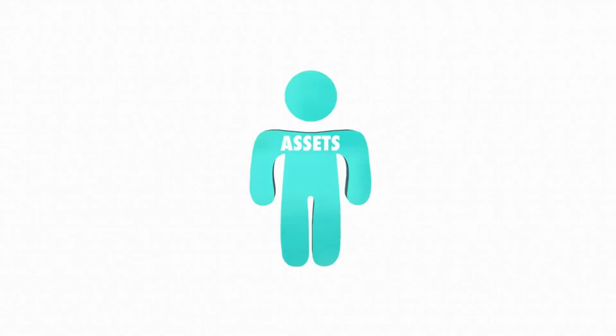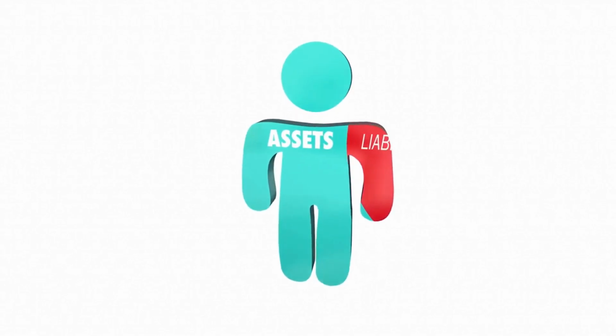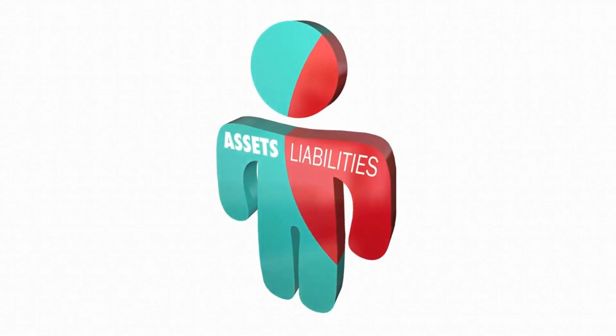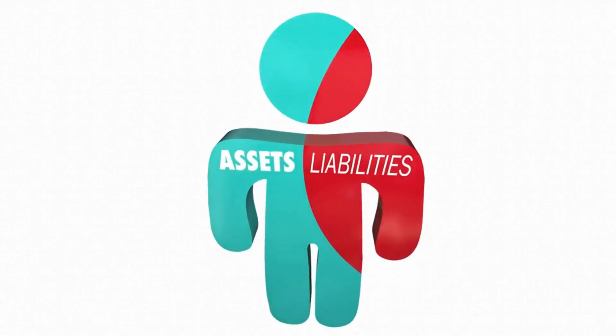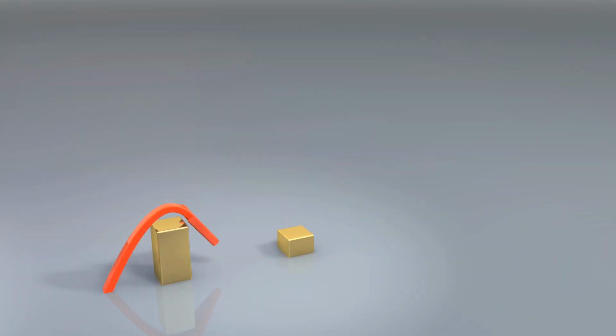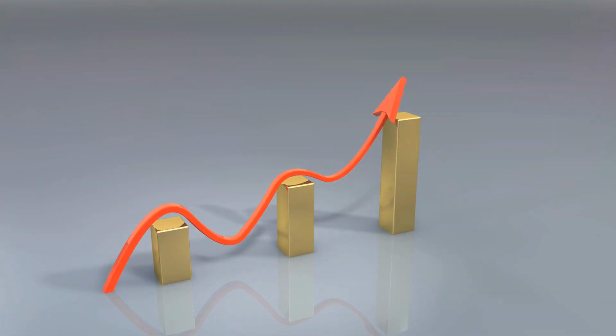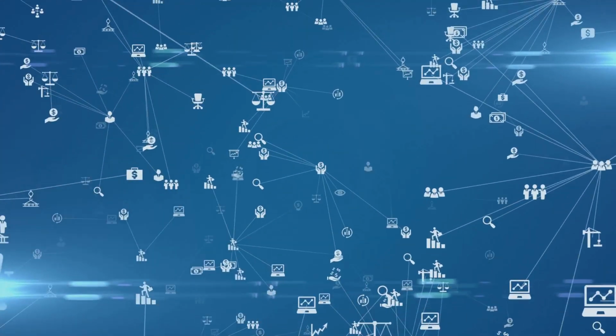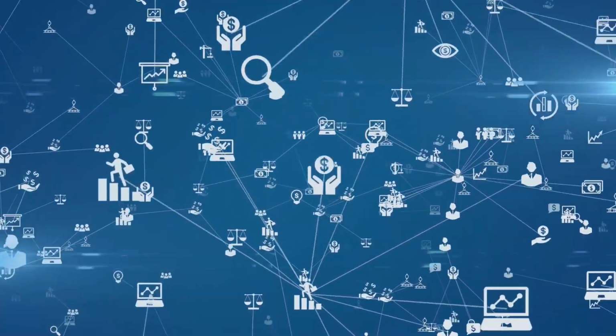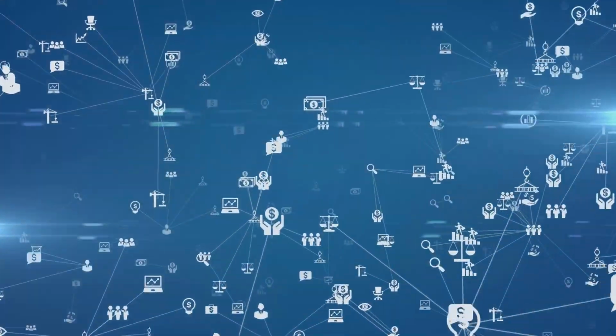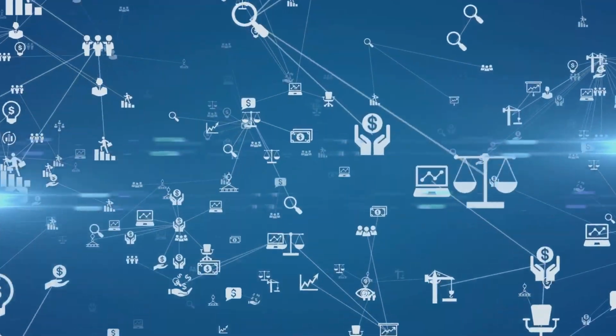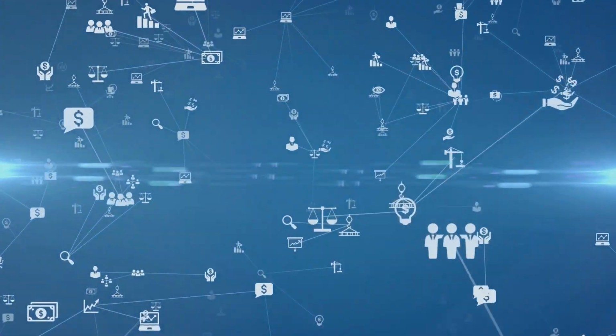So, why are assets so crucial? Well, they represent the economic resources a company has at its disposal. They are what a company uses to produce the goods or services that it will sell to its customers. The value of a company's assets, both current and non-current, can tell us a lot about its financial health and its ability to weather economic storms.